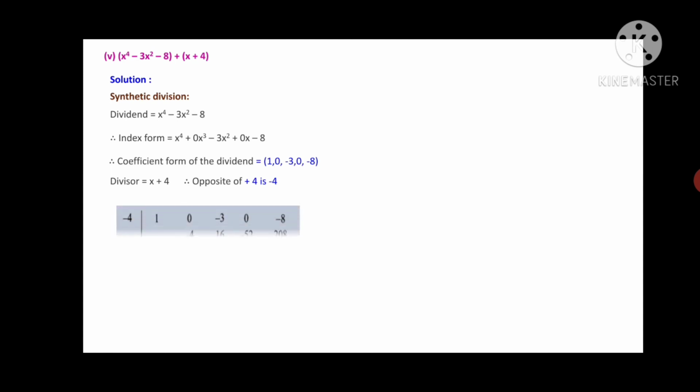Let us prepare the synthetic division table. In the first row we write the coefficient form of the dividend: 1, 0, −3, 0 and −8. To the left side we write the opposite of 4, that is −4. So 1 is taken down as it is.